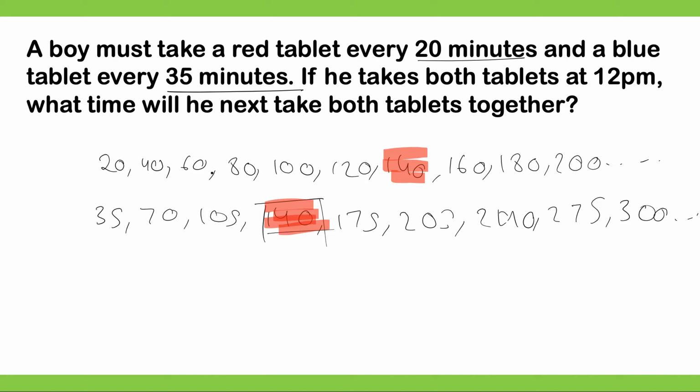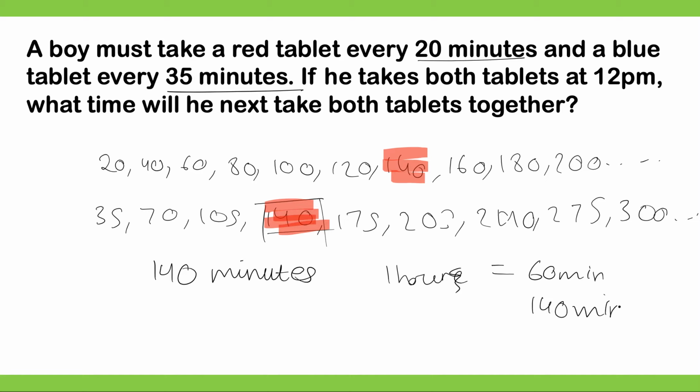This is in minutes, so we have 140 minutes. Let's convert that into hours. 1 hour has 60 minutes. So 140 minutes would be 2 hours 20 minutes.